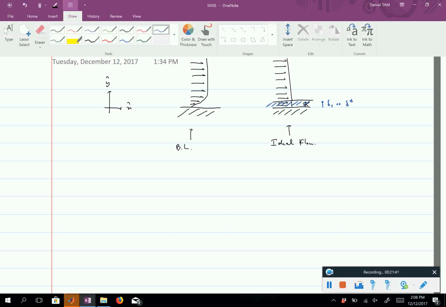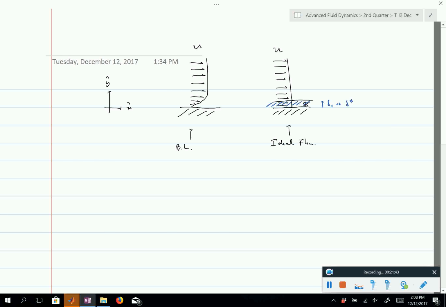That's the definition of the displacement thickness. So your mass deficit due to the boundary layer is equal to delta star or delta 1 times U. Okay. That's essentially the definition for delta star, and this you can do as an exercise.